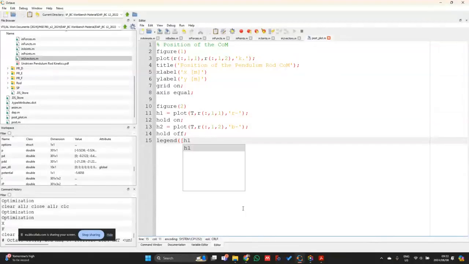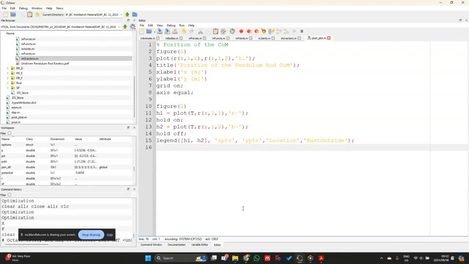So legend in brackets, I'm going to say h1, h2, comma, and then I can say x points, y points, and then I can also perhaps specify the location over here, and let's say it's east outside. So just to place the legend outside of the actual graph.